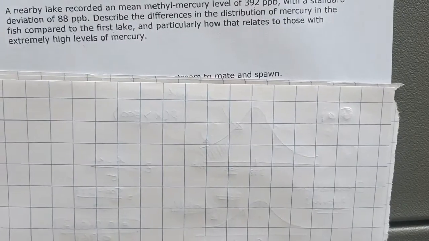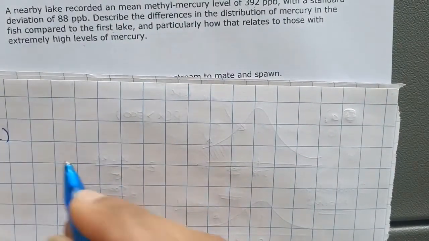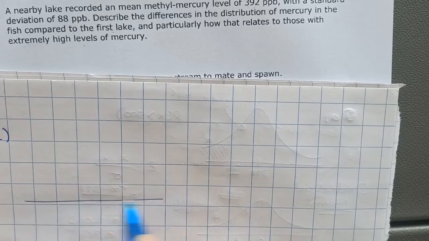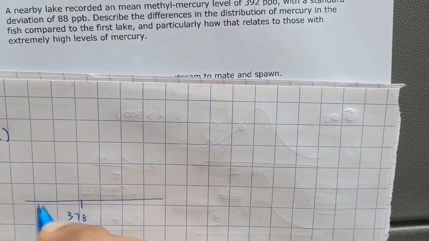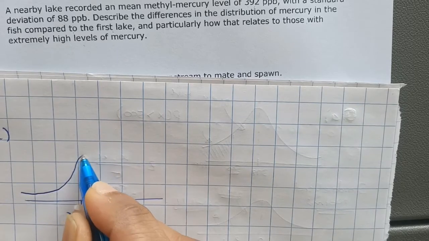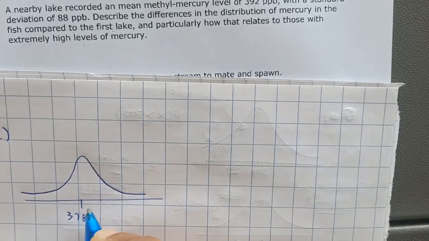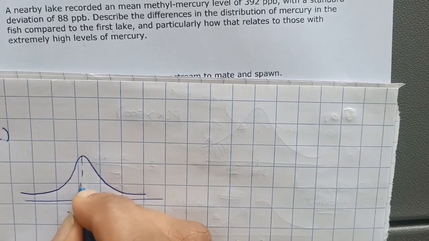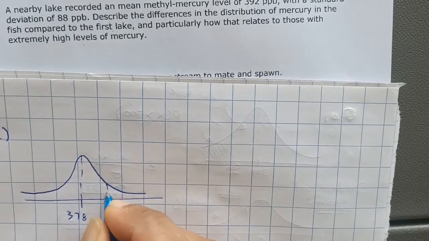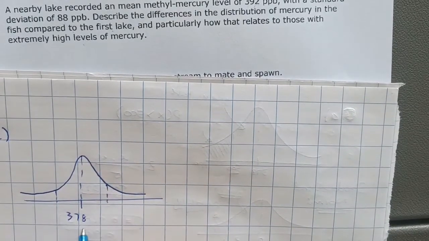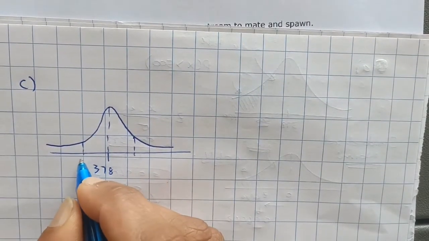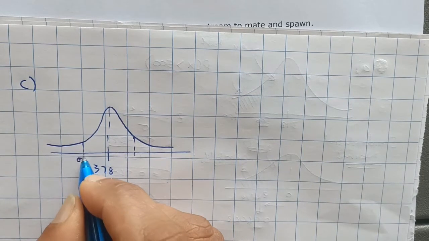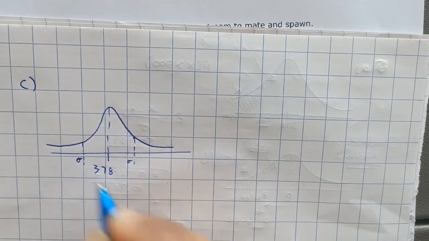What we have is, initially we know that our mean was at 378 and the standard deviation was given at 127. That means if you add 127 and you subtract 127 from 378 on either side, you get to one standard deviation. Alright, I'm going to call it sigma 1 on either side.